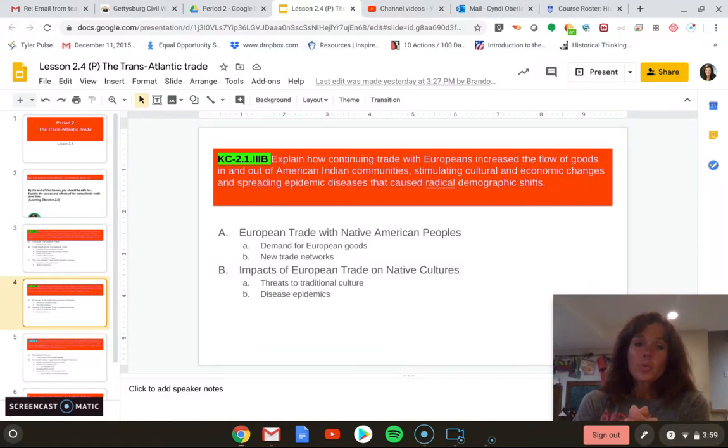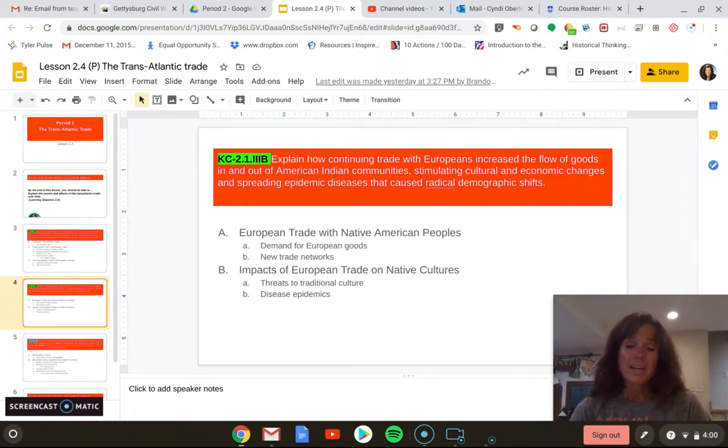And in order to acquire these European goods, the natives had to refine their own interior trade networks. So they had to begin going out deeper into the interior to get more furs, more goods with which to exchange in return for the manufactured European goods, the textiles and the firearms.